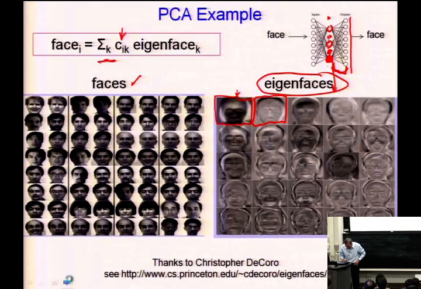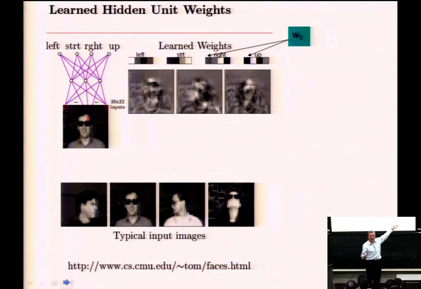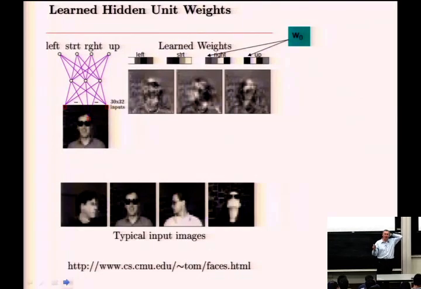Okay, so there's eigenfaces. And why do we call these things eigenfaces to begin with? By the way, I just thought it would be fun, having looked at those eigenfaces, to go back and look at this picture again. And you can see those things really don't look like the eigenfaces. It's a different kind of thing going on. One reason they don't, of course, is that here we're using logistic functions instead of linear. But another reason is that PCA only deals with the question of an autoencoding.